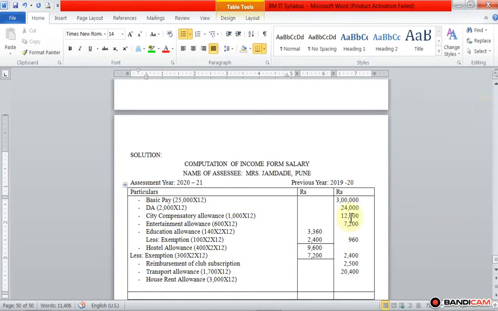So we get 36,000 as the amount received as HRA. Now we find out the exempted HRA, so make a working note.